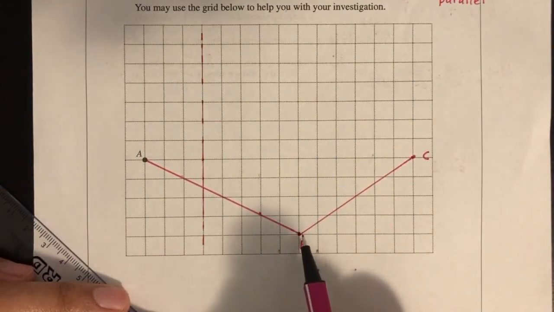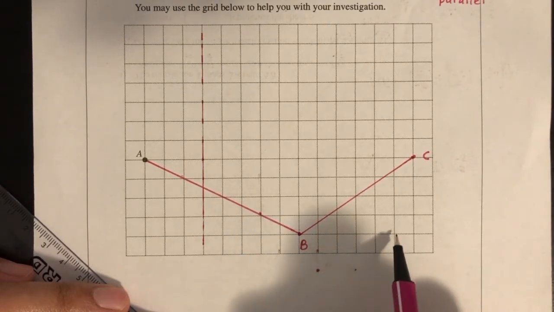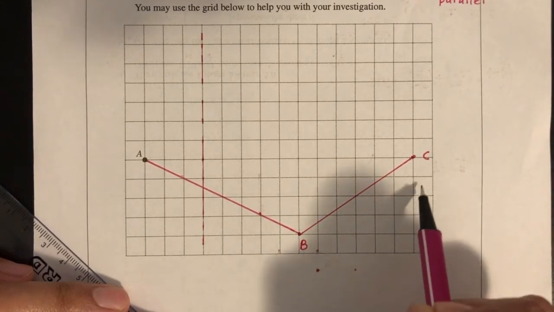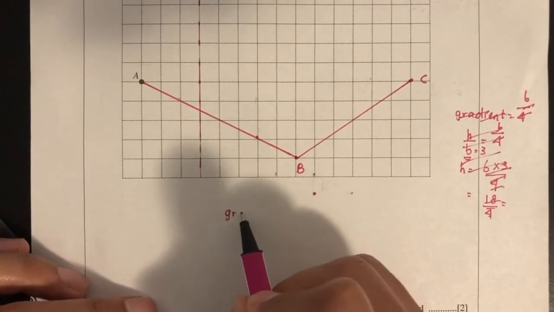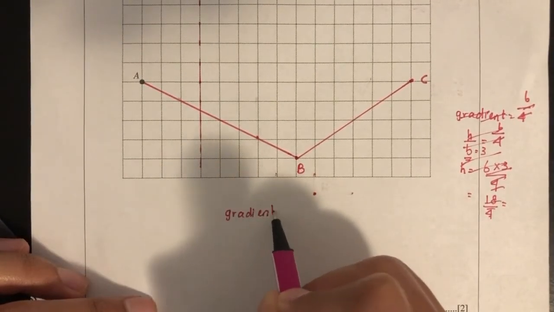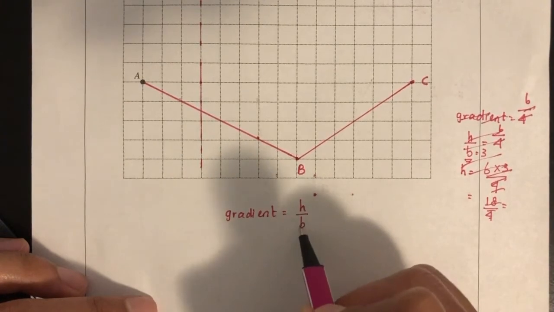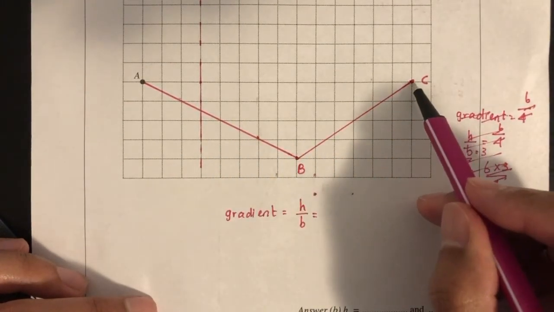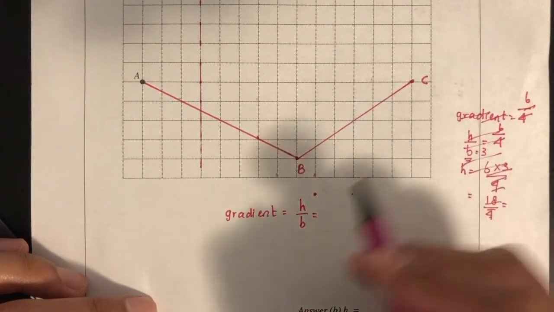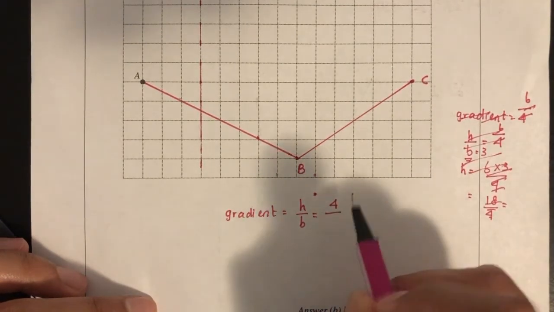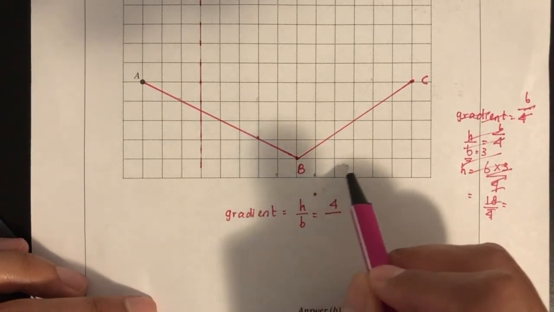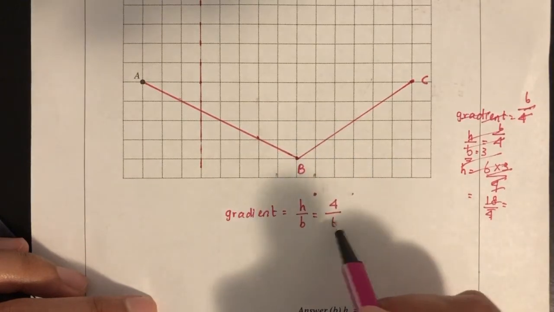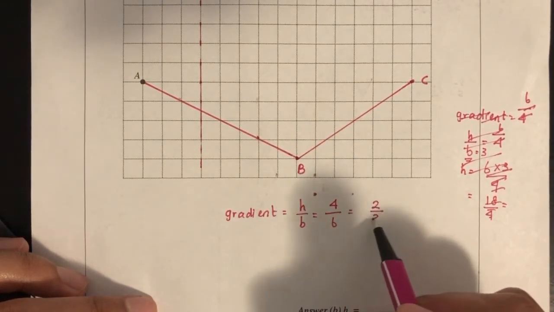Gradient is equal to the height divided by base. So the height here is 1, 2, 3, 4, and the base is 1, 2, 3, 4, 5, 6, right? Which comes down to 2 over 3.